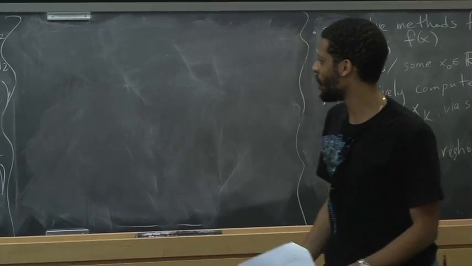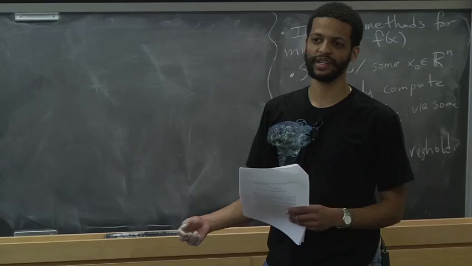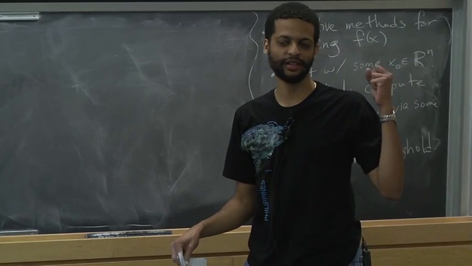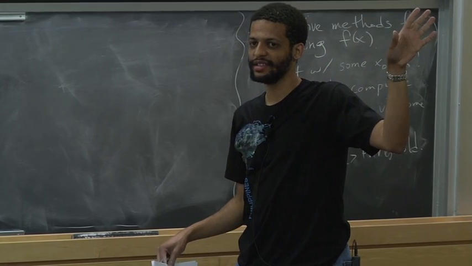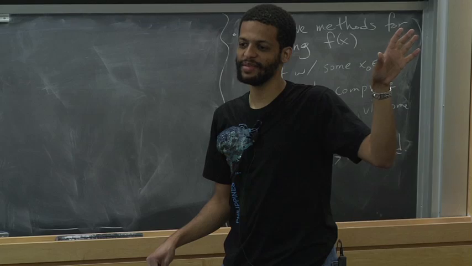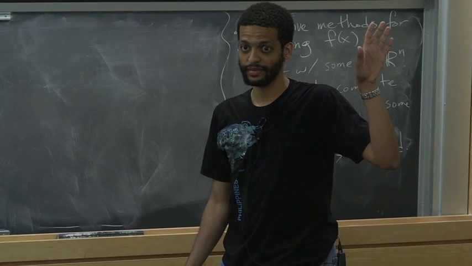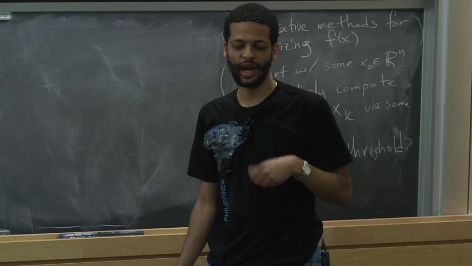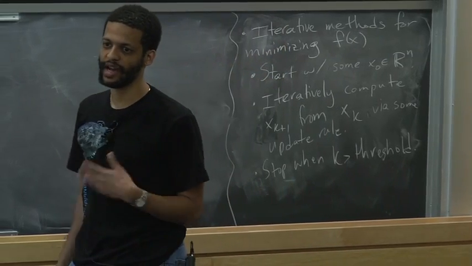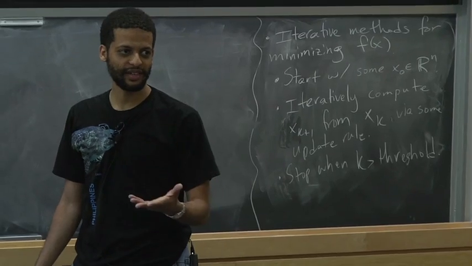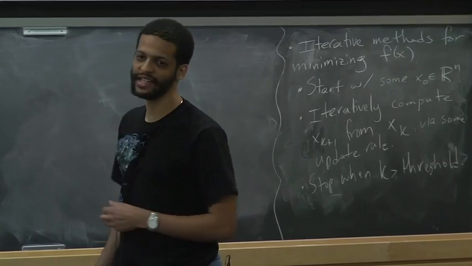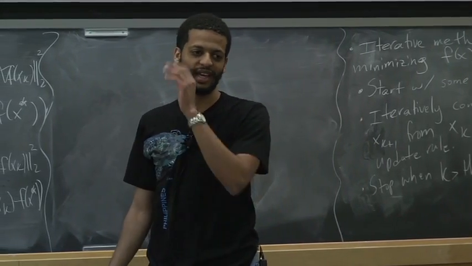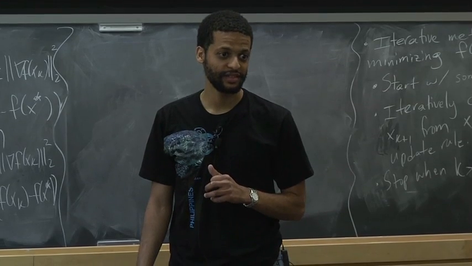And I want to decrease my error by a certain multiplicative factor. I want to go from error delta to error epsilon times delta, right? So you could ask, how many iterations do I need before I have that promise? So again, using that heuristic calculation I told you, where let's say (1 minus 1 over x) to the x is roughly 1 over e.